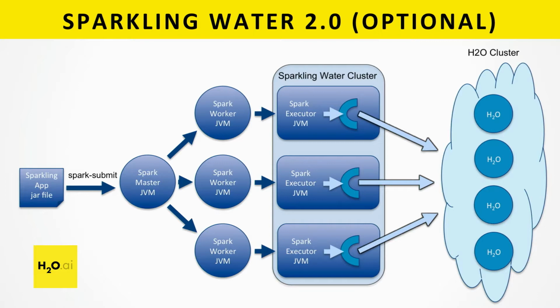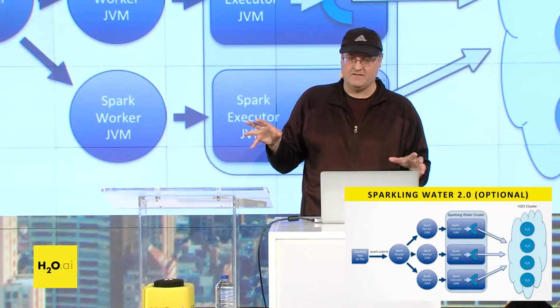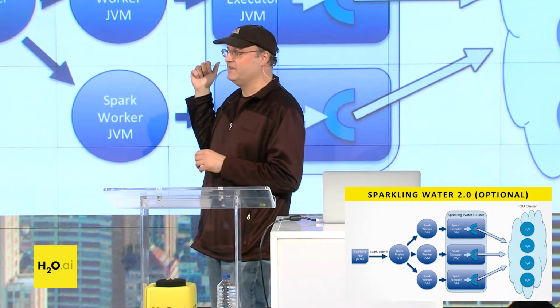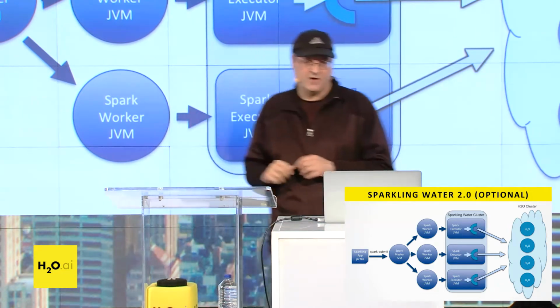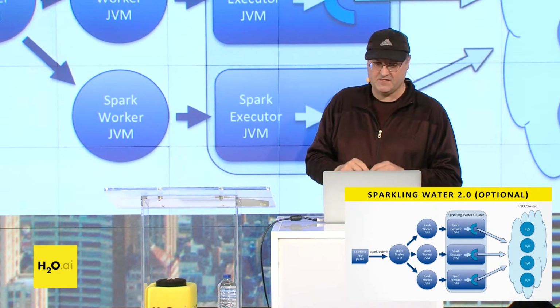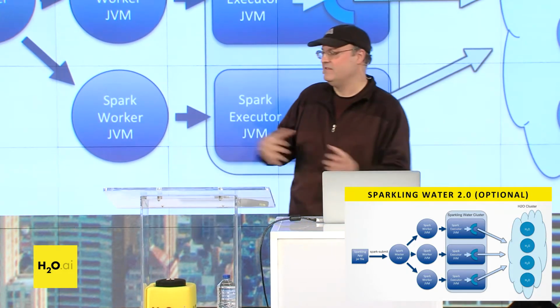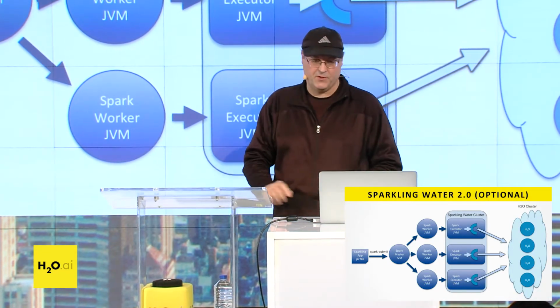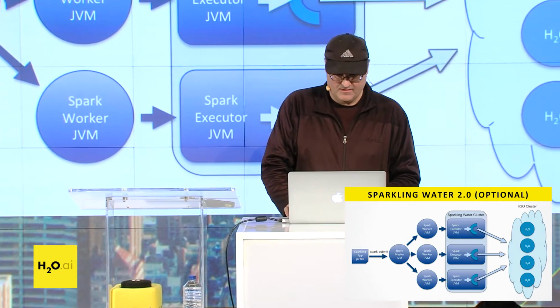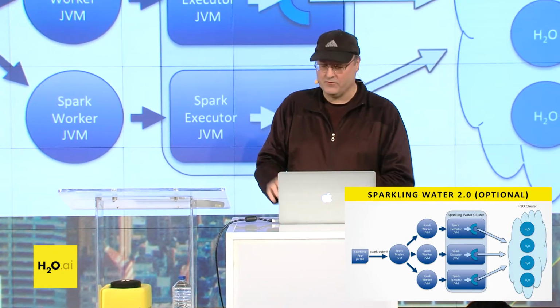So for those of you that have tried this on really, really big data and had issues, this will fix that. This is a new architecture feature in Sparkling Water 2.0, which will be based on top of a not yet released version of H2O.